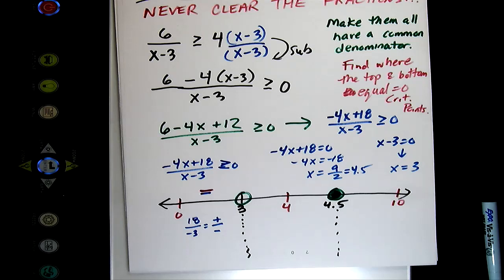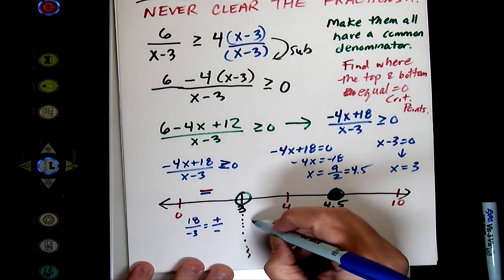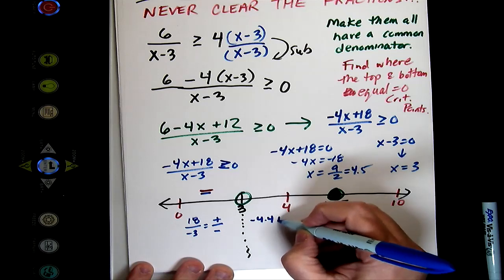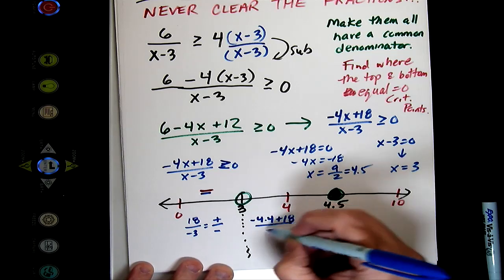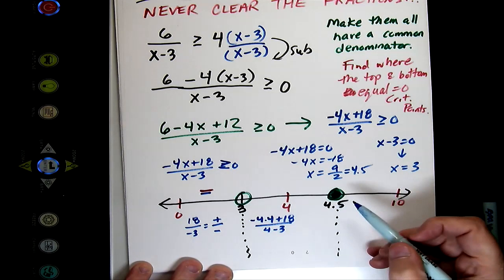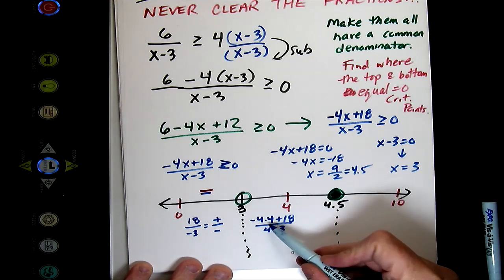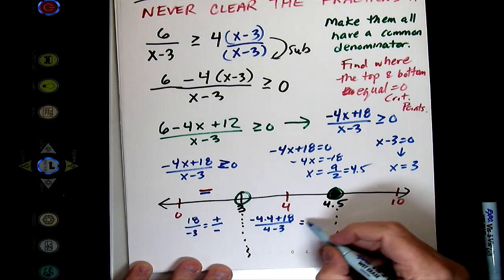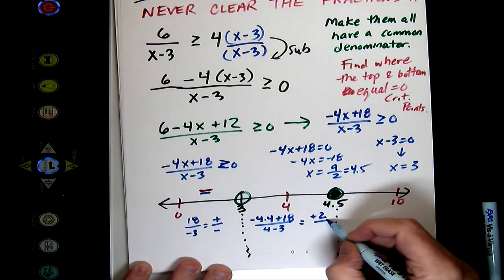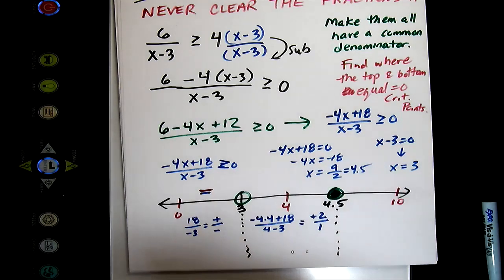For this region, I'm gonna have to do a little bit of math. I got (-4 times 4 plus 18) over (4 minus 3). This is -16 plus 18, +2 on top, +1 on bottom. This region is positive.